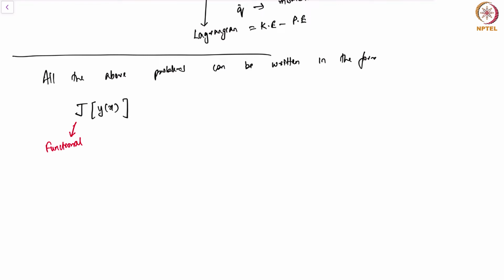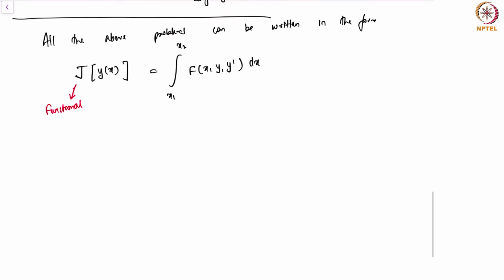Some J is equal to the integral from x1 to x2 of f of x, y, y prime dx, where y of x is a function and y prime of x is nothing but dy by dx.